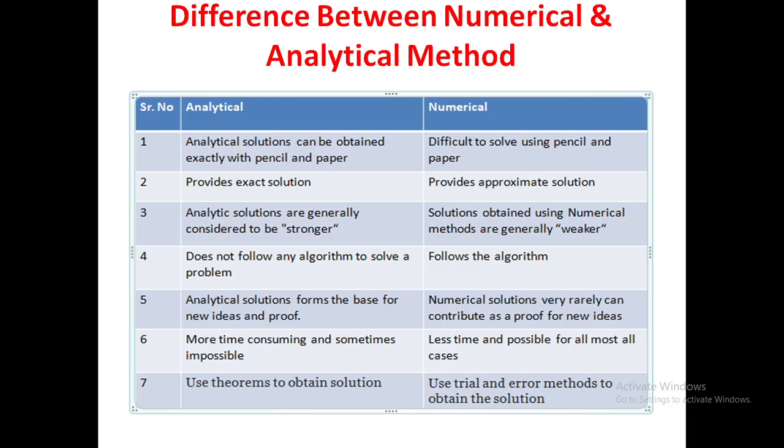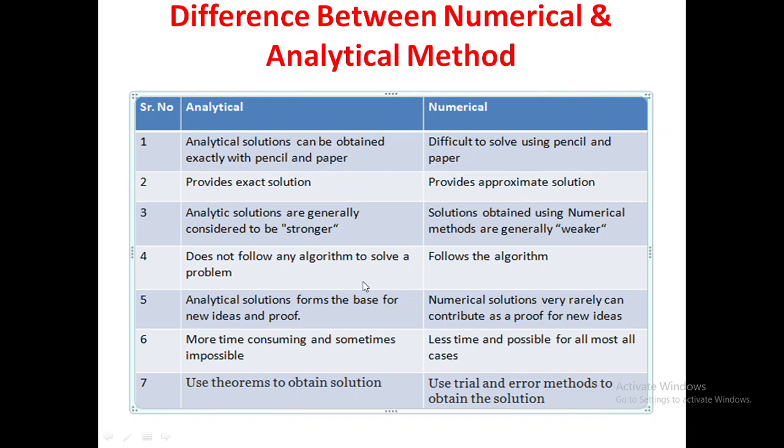Third, analytical solutions are generally considered to be stronger than numerical solutions. Solutions obtained using numerical methods are generally weaker because they do not provide the exact solution. That's why they are weaker as compared to the analytical method.